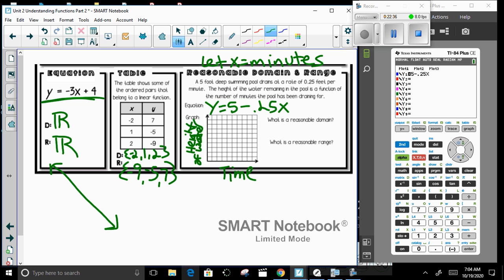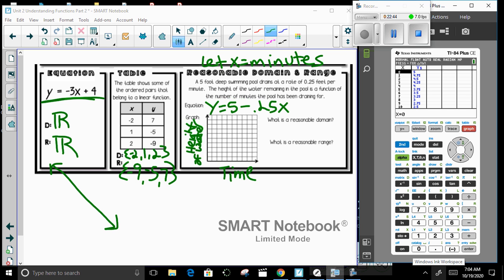Can time ever be negative? It cannot. So if time can never be negative, and time is your x, then you must be starting at 0 for x. So your reasonable domain has got to start at 0. So at 0, it's at 1, 2, 3, 4, 5. So your domain starts at 0.